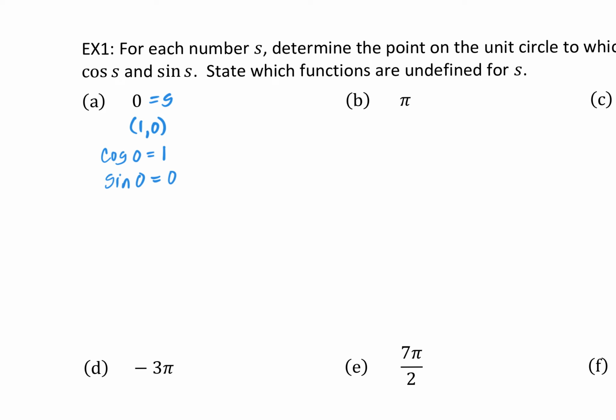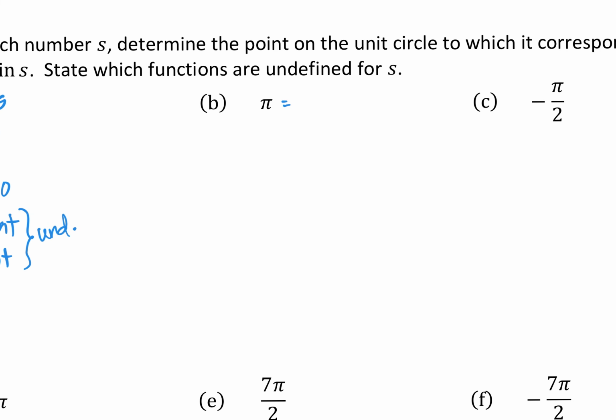And that would be our cotangent and our cosecant, because cotangent is x over y, cosecant is 1 over y. So in this case, cotangent and cosecant are undefined. So you can write DNE or do UND period for undefined, however you want to write that.